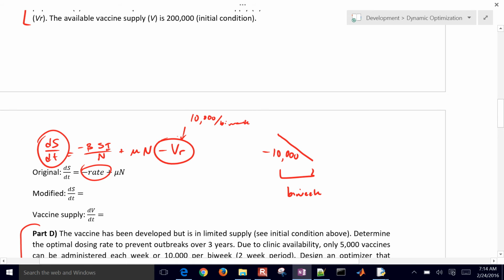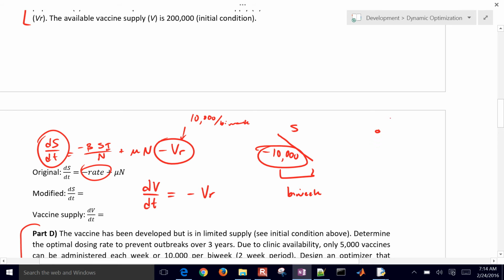Now we need to do also a balance equation for our vaccines as well. So our vaccines, the number that we have, is going to be equal to the negative of the vaccination rate. So if we just vaccinated 10,000 people, then here is the susceptibles.